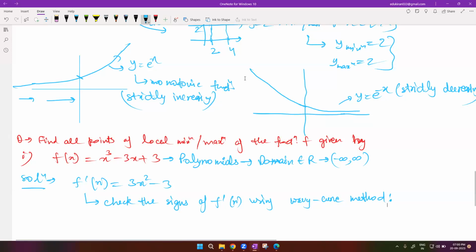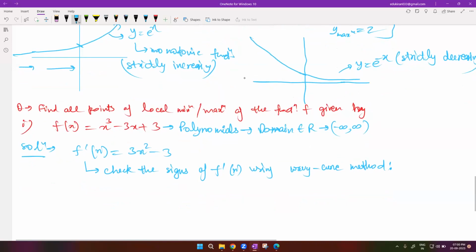And to apply wavy curve, you know that you have to first factorize the whole expression. So I want to understand when is f dash x greater than or equal to 0 and when is f dash x less than or equal to 0? This is my question. I want to understand when f dash x is positive and when f dash x is negative, right?